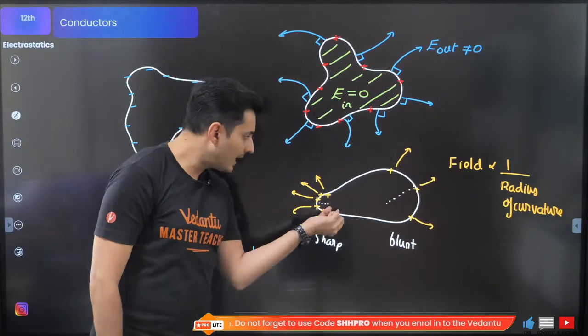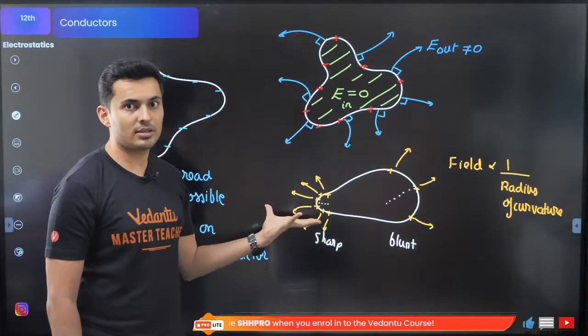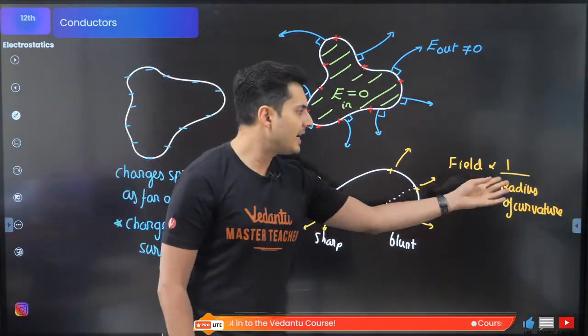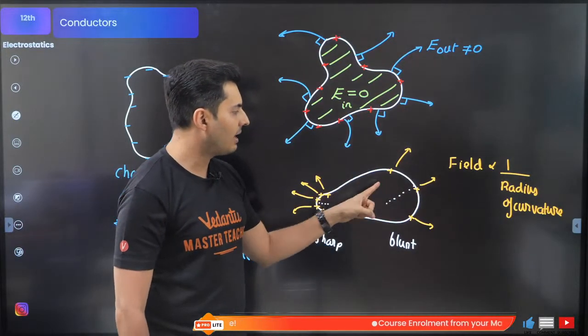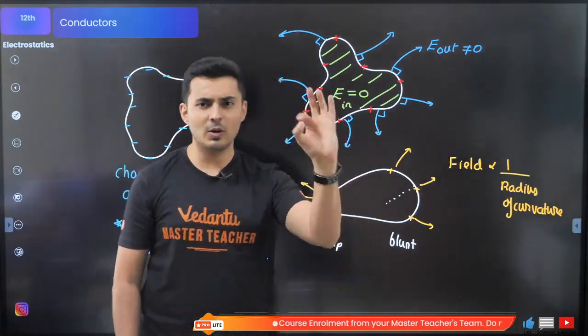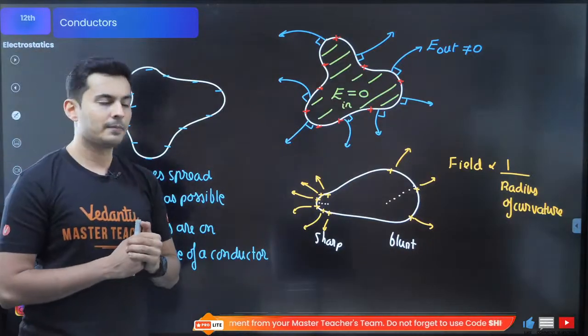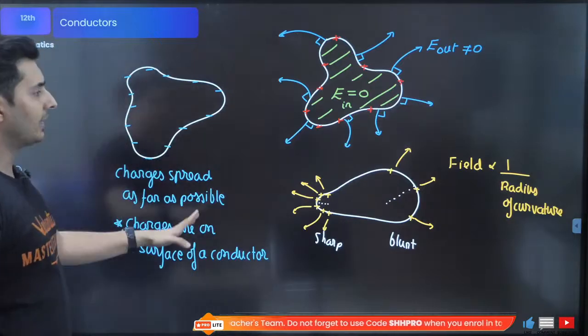Wherever the radius is small, field is strong, charges are very densely populated. Where the radius is big, it's a blunt cut. So you will see radius is large. Here charges will be less, accumulation will be less, field will be also weak. Very, very important. I hope this is clear. So very, very crucial pointers related to conductors.